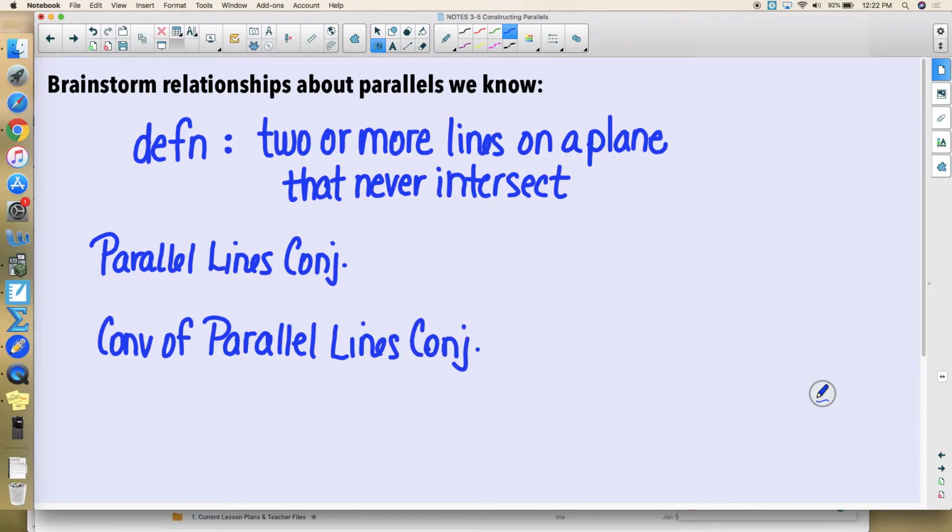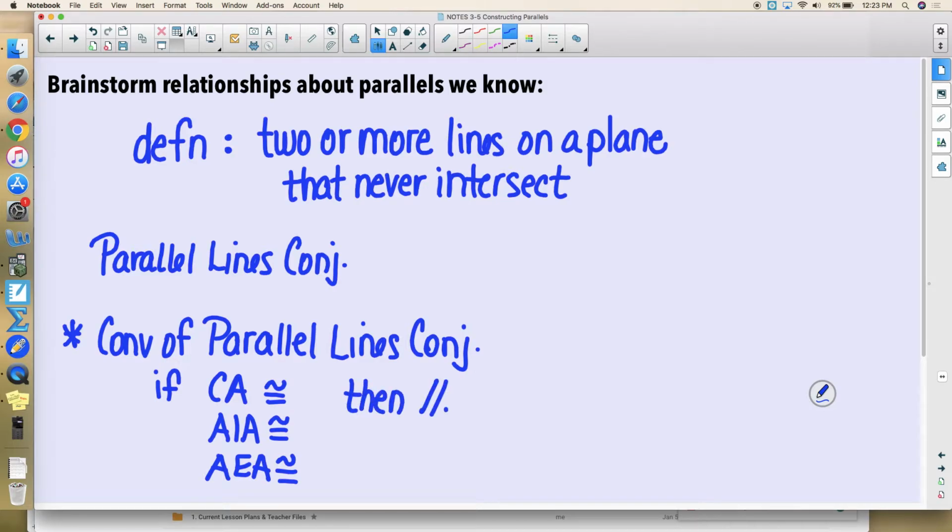That's exactly what we need here then. It says if we could make a set of corresponding angles that were congruent, or if we could make a set of alternate interior angles that were congruent, or, and it is an or, we could make a set of alternate exterior angles that were congruent when 2 lines are cut by a transversal, then we'd know for sure we had accomplished our goal.